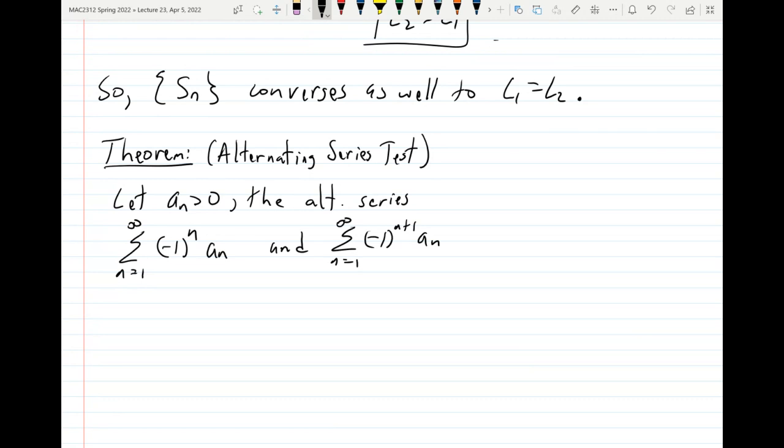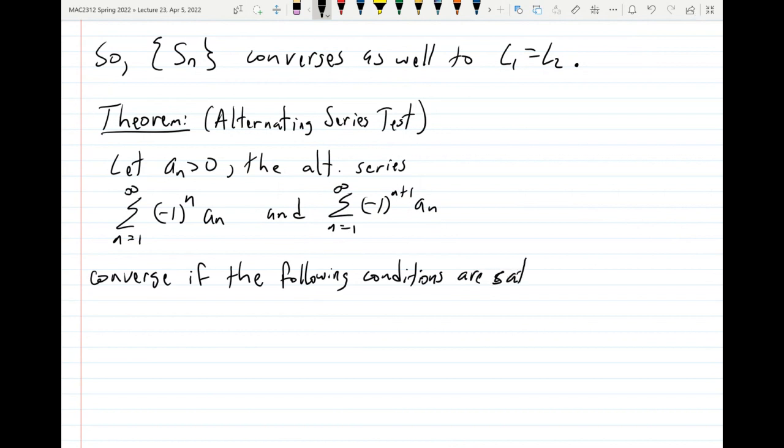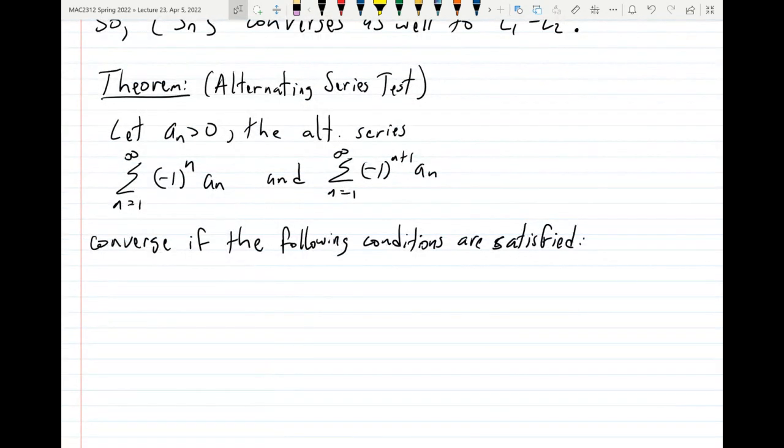So then this series converges, and this series converges, if the following conditions are satisfied. So who can tell me what the conditions are?